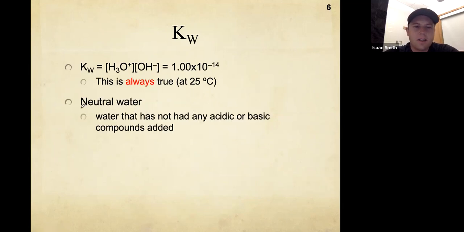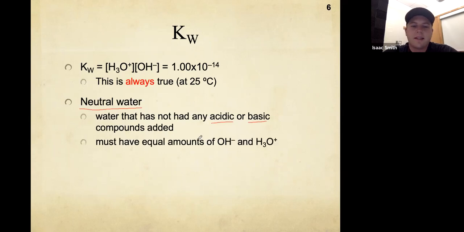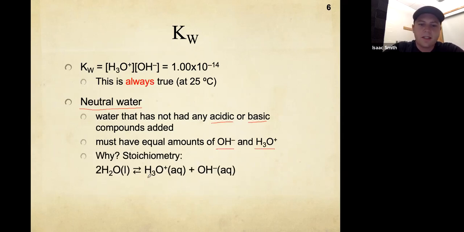Okay, so pure water is referred to as neutral. So it has no acidic or basic compounds added to it, okay? And if it's neutral, we talked about how because of the stoichiometry, it's going to have equal amounts of hydronium and hydroxide concentrations, okay?